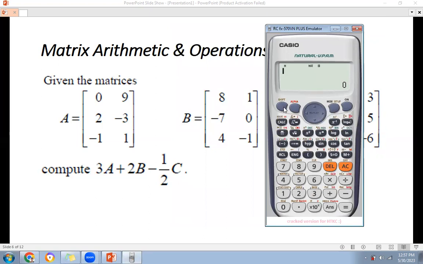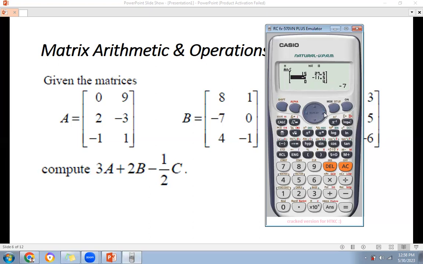That is 3 matrix A plus 2 matrix B minus 1/2, or 0.5, times matrix C. We'll get an answer that is a matrix, also 3 by 2, consisting of, on the first row, 15 and 27.5.